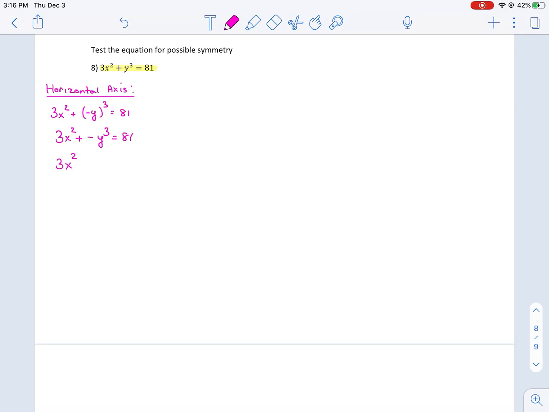So this is equal to 3x squared minus y cubed is equal to 81. And after simplifying, you may have noticed that this is not the original equation.